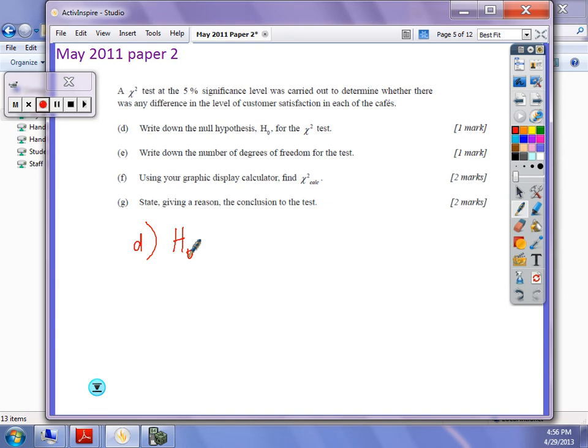What we're going to state is that customer satisfaction, and what are the criteria that we're looking at? We're looking at whether they're satisfied depending on which cafe they ate at.